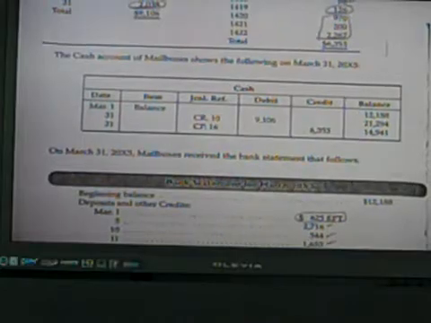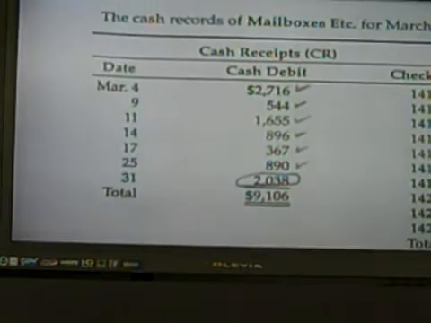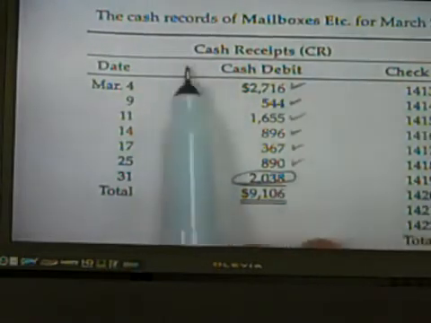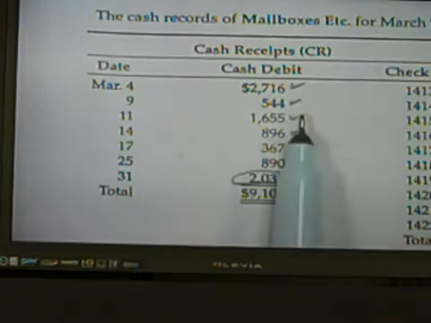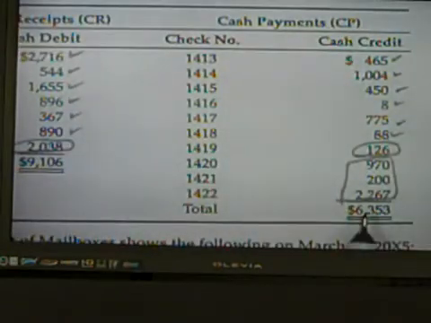We're going to assume here that we have a bank statement from a company, and we're going to look at various pieces of this. What we have right here is the cash receipts on our books. We have the cash payments on our books.